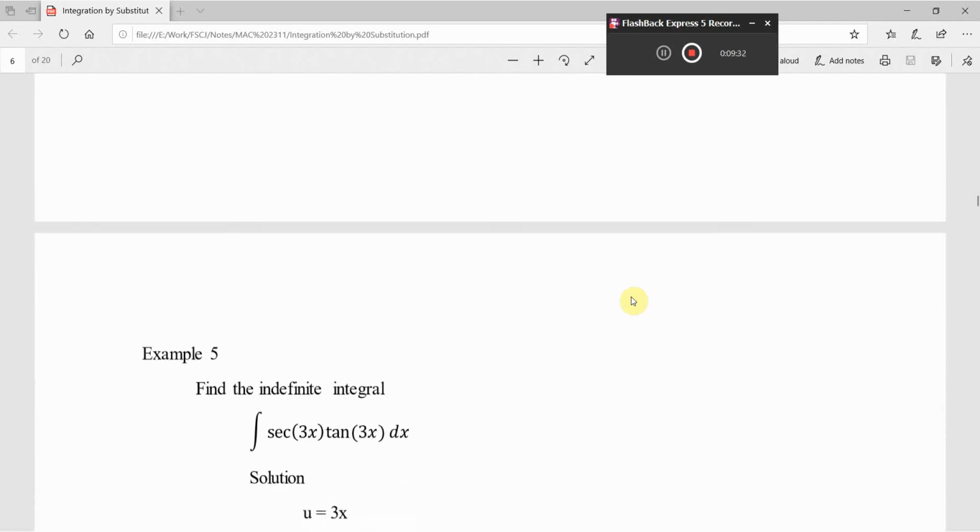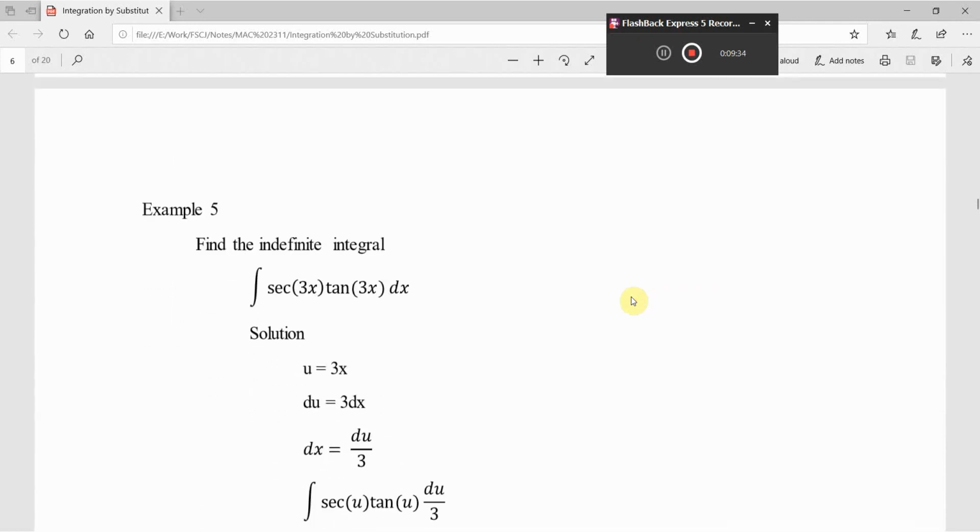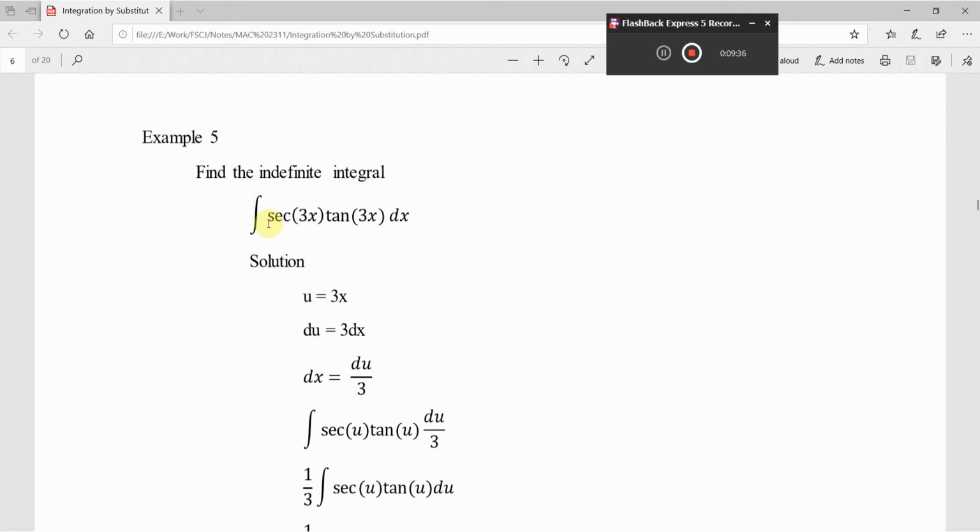All right, example number 5. Find the indefinite integral. So I've got the indefinite integral of the secant of 3x times the tangent of 3x. So my solution here, I'm going to let u equal 3x, which means du is equal to 3 times dx.